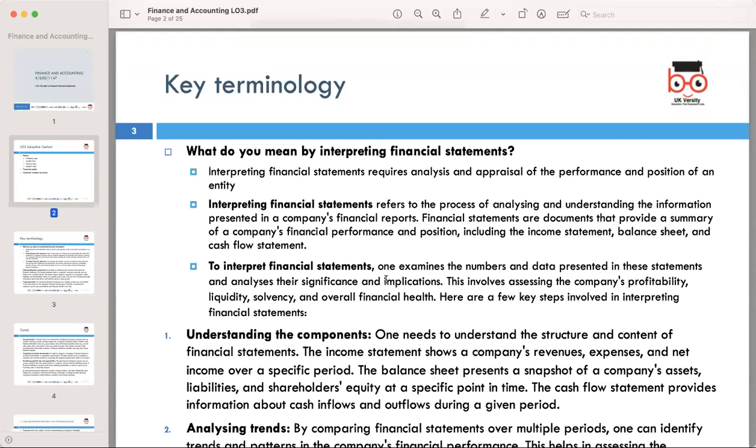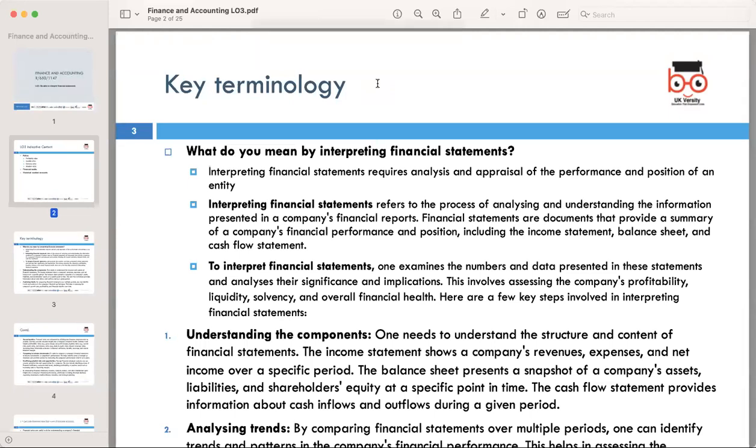To interpret financial statements, we need to examine the numbers and data presented in these statements and analyze their significance and implications. This involves assessing the company's profitability, liquidity, solvency, and overall financial health.